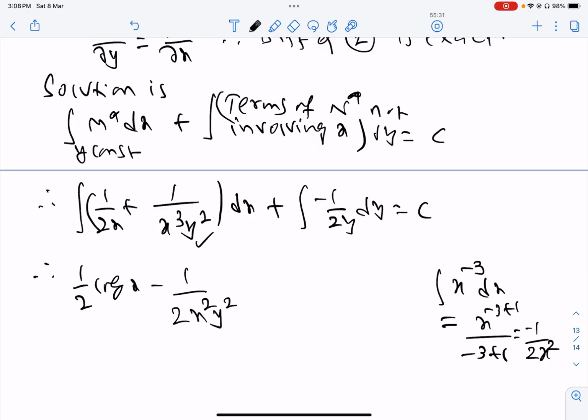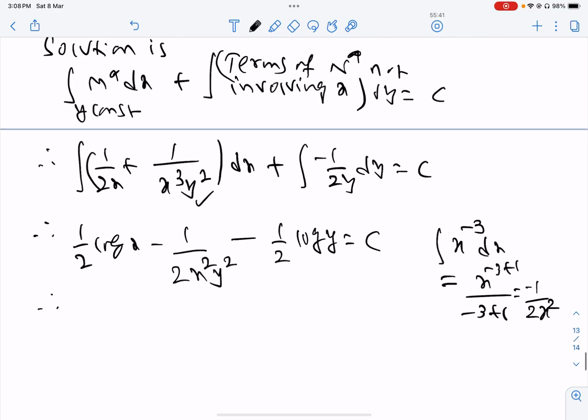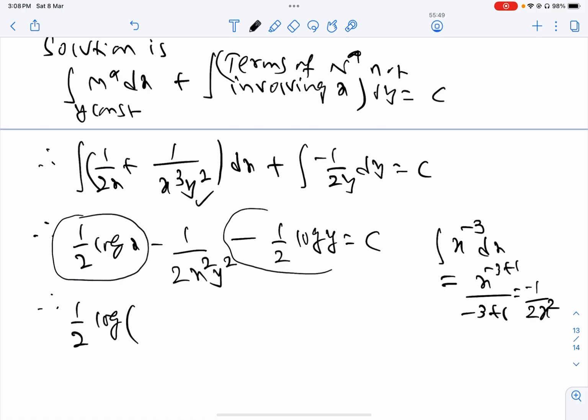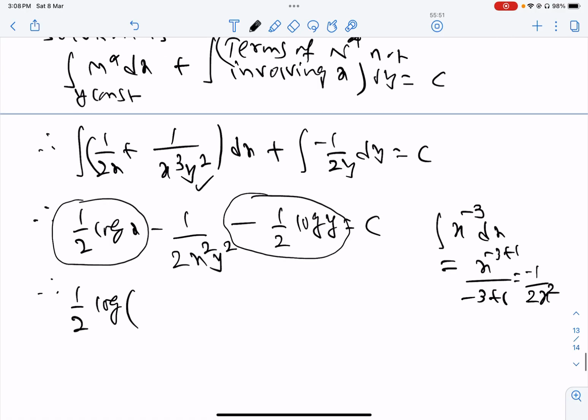Then minus 1 upon 2 integration of 1 upon y is log y, equal to c. And therefore this is 1 by 2 log of x minus log of y. You know log x minus log y is log x by y. So log of x by y minus 1 upon 2 x square y square equal to c. So that is the answer.